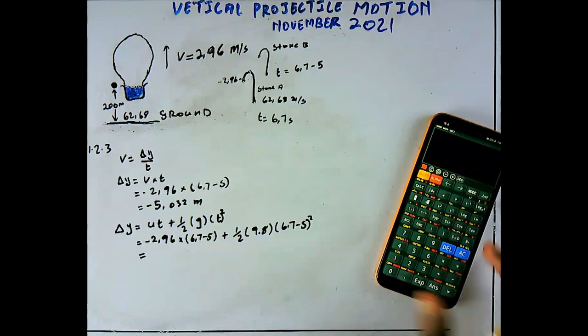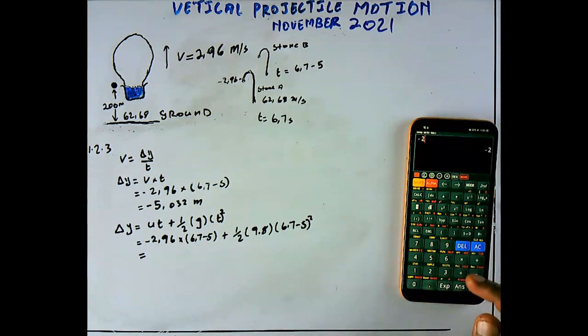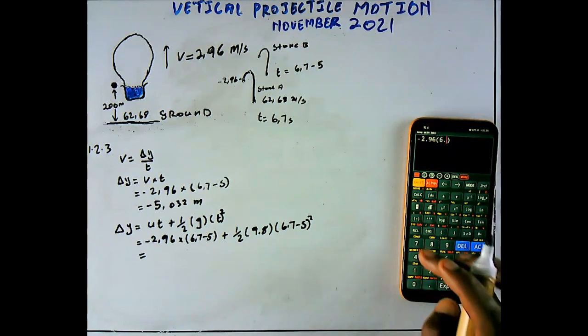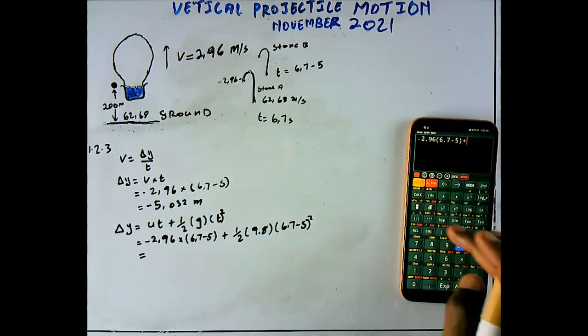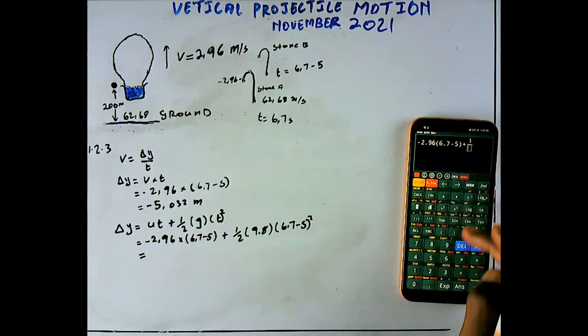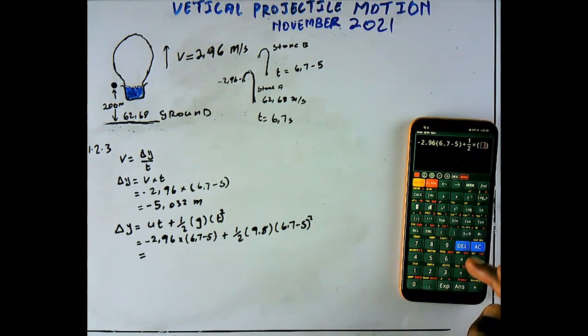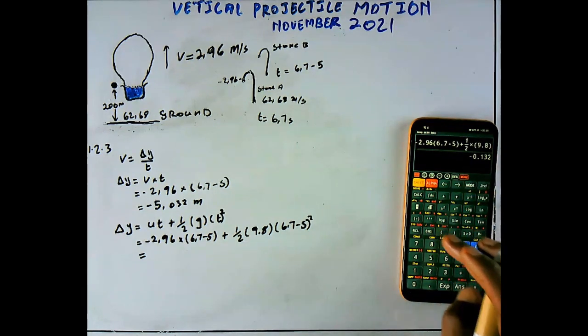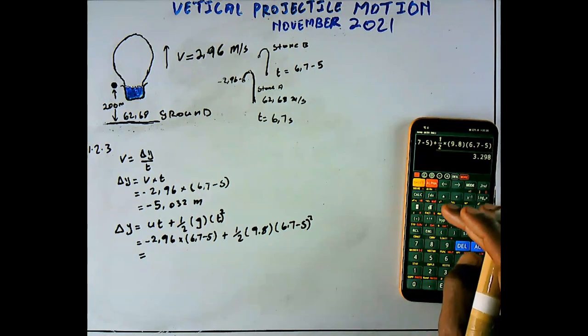So you can say negative 2.96 times 6.7 minus 5, plus half times 9.8 times 6.7 minus 5 squared.